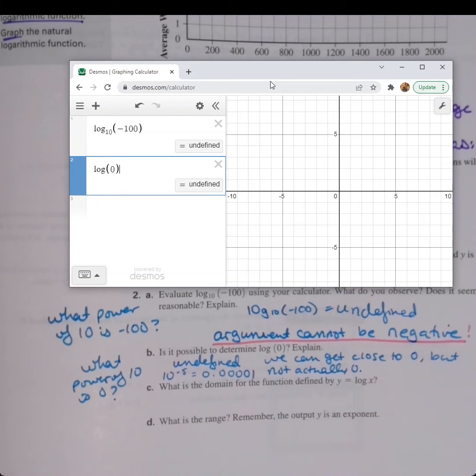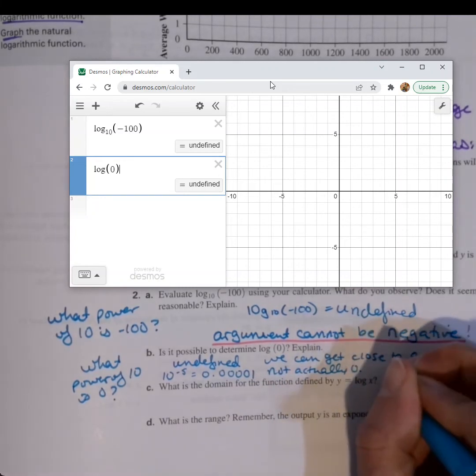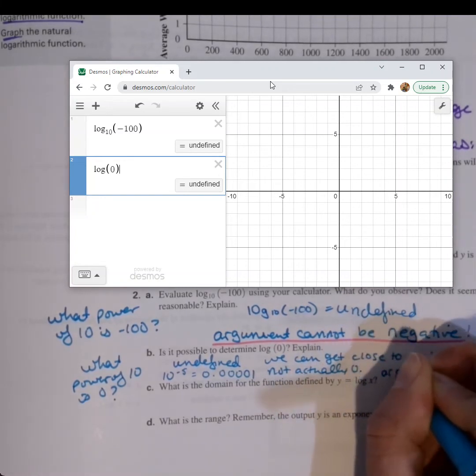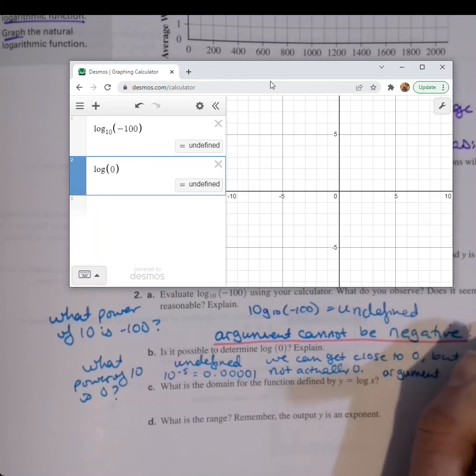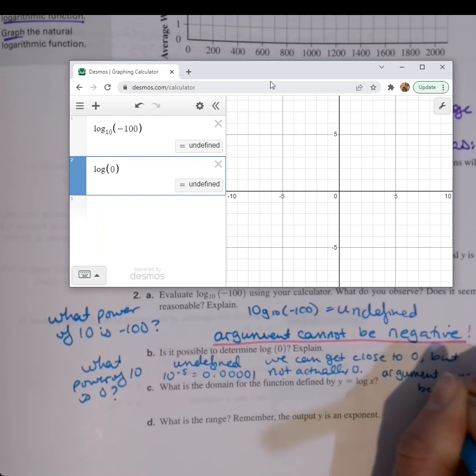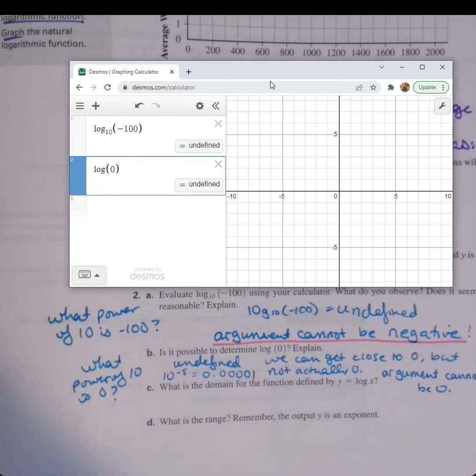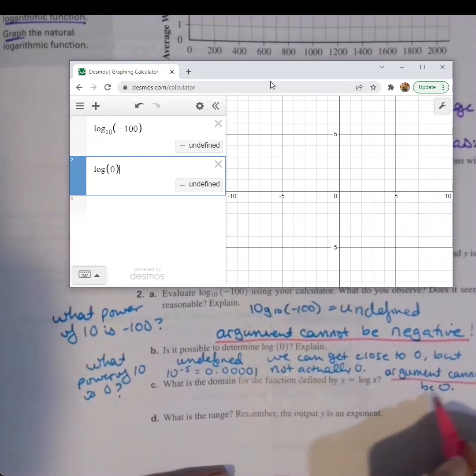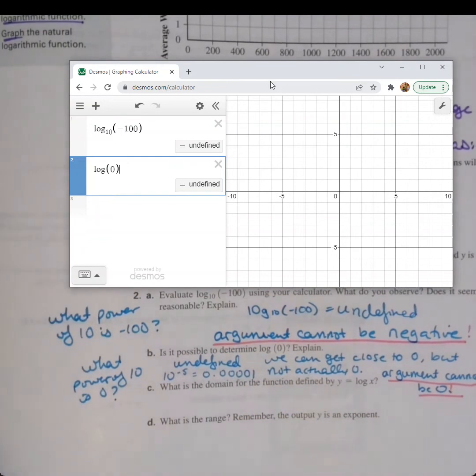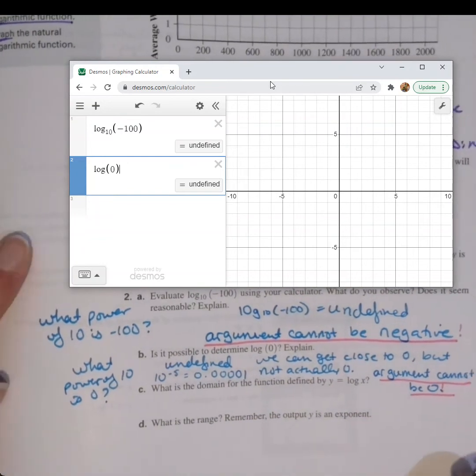And so, again, the argument cannot be 0. The argument can't be negative, and the argument cannot be 0.